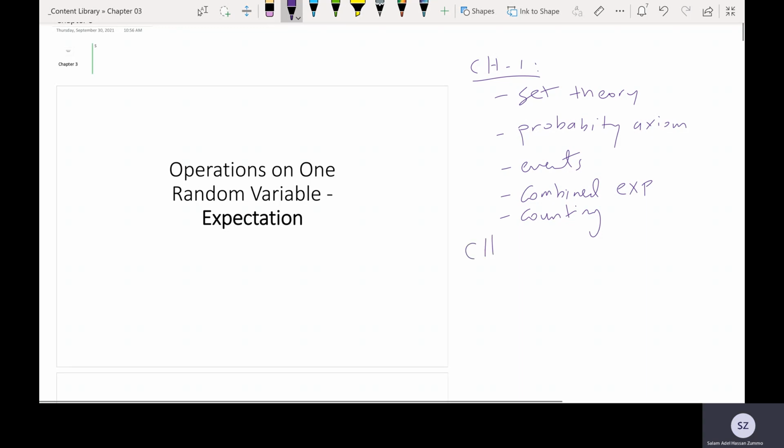And then after that, in chapter 2, we started to say, okay, now instead of being in the abstract sample space, let's describe the sample space in real life. And here we defined the concept of random variable. We said that, okay, the random variable will cast all the details of the sample space into real life.